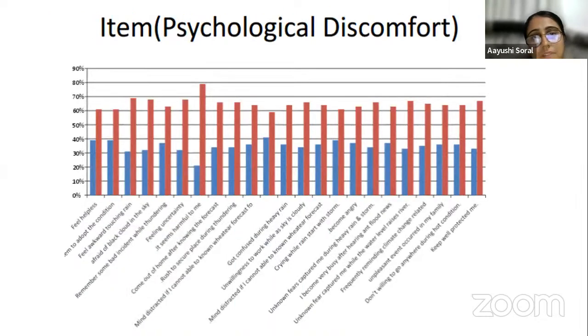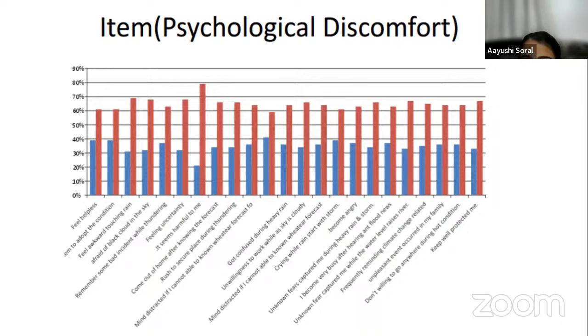Further, these items are on psychological discomfort: feeling helplessness, adopting the conditions, awkward touching of rain, afraid of black clouds in the sky. We can easily note which population is feeling this much discomfort in comparison to the other.